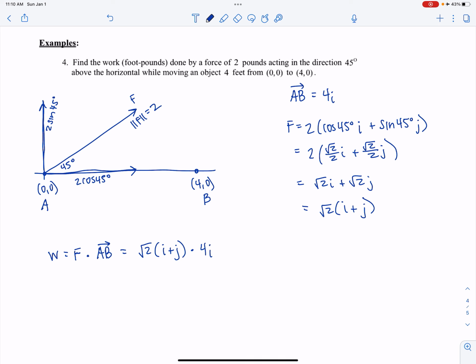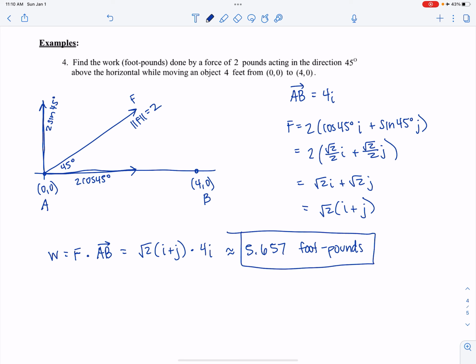And root 2 times 4 gives us about 5.657 foot-pounds of work. And we've done it. We found the work being done.